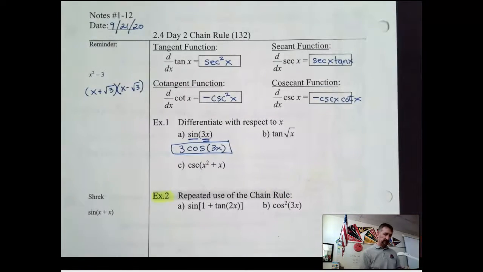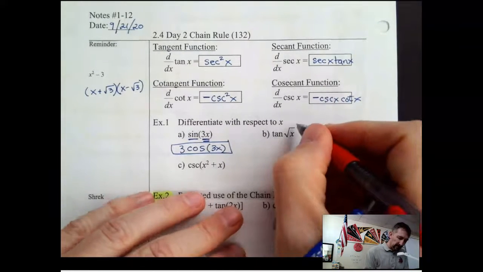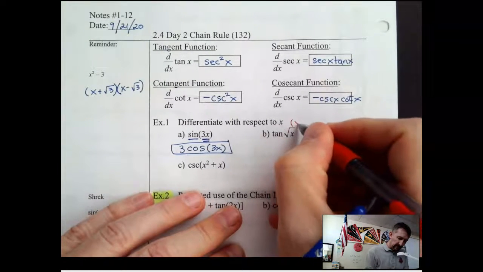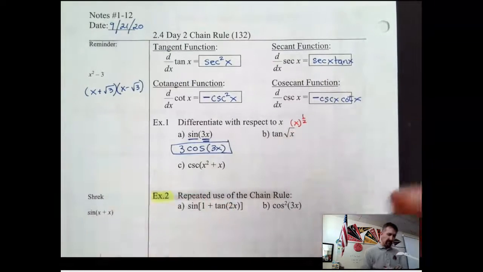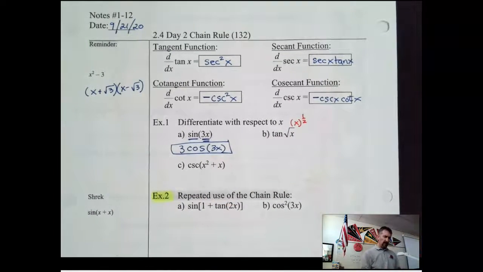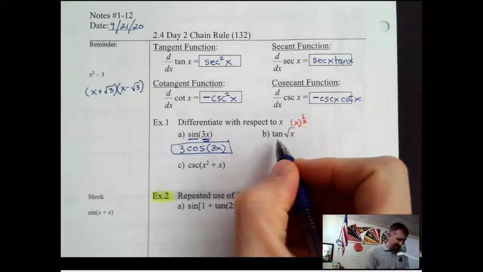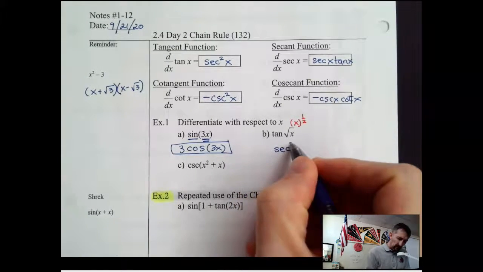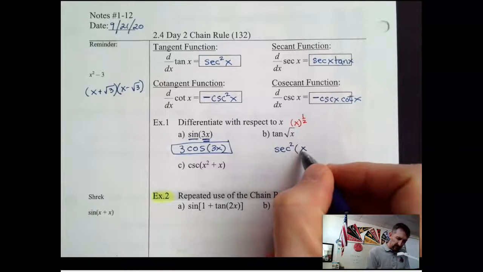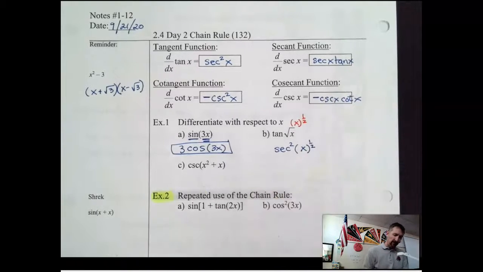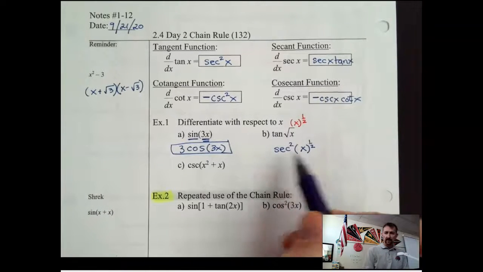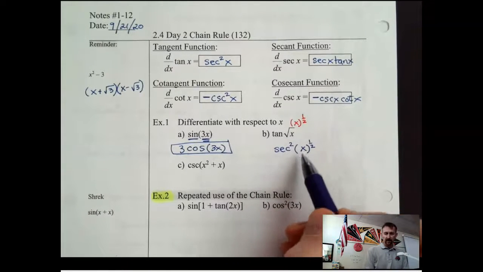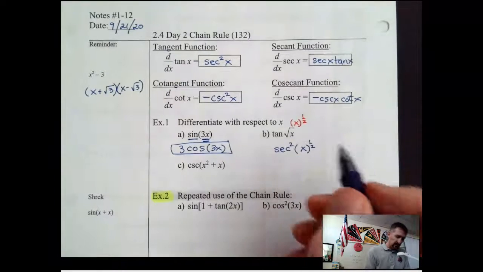I'm going to do a little rewrite here. That's going to be x to the 1/2. So the outer function is tangent, and the derivative of tangent is secant squared. So we have secant squared of x to the 1/2. That was the outside. Now we need to multiply by the derivative of the inside. Again, I'm going to move that forward.